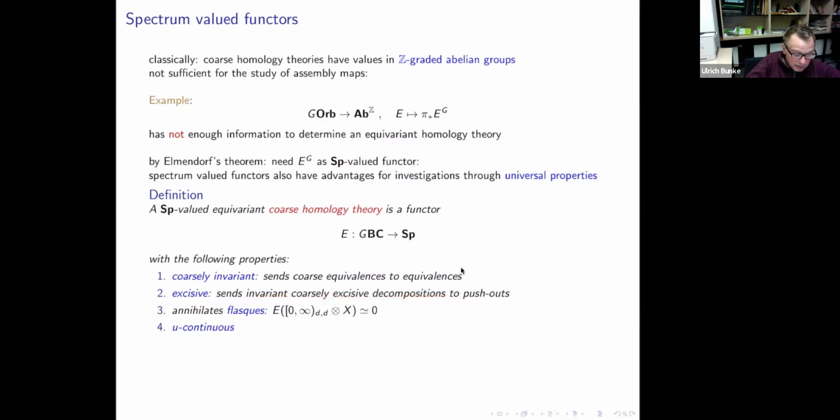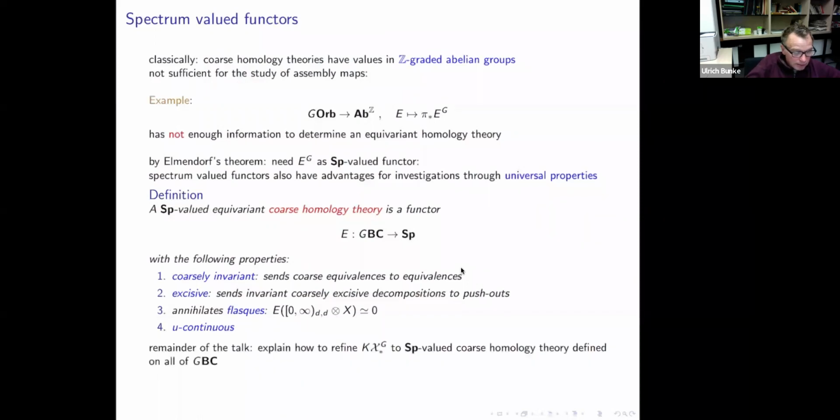It should annihilate these products with rays, which means it annihilates flasques, is the technical term. And it has a fourth condition, which is very important. It's called u-continuous, and I will explain when I discuss the construction of the K-homology functor why this functor is u-continuous, and I will explain the definition. Okay, these are the four axioms.